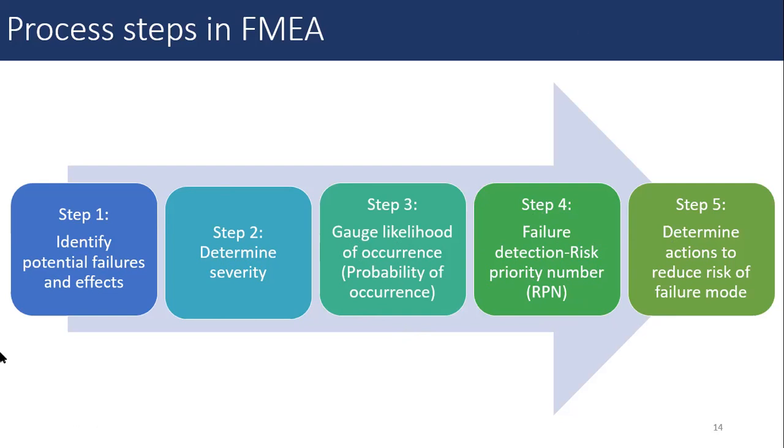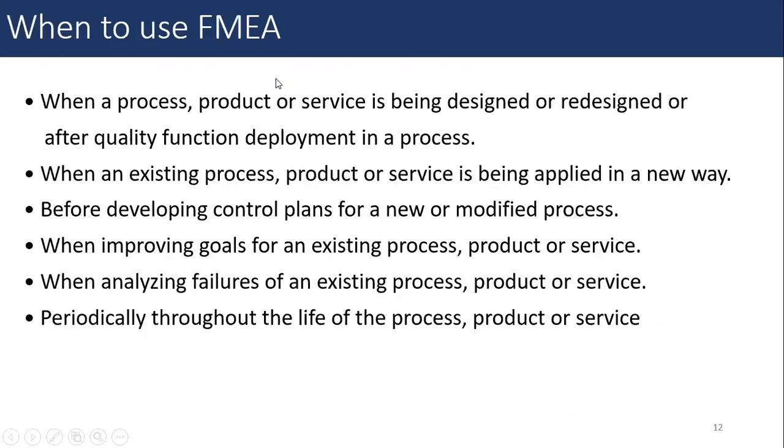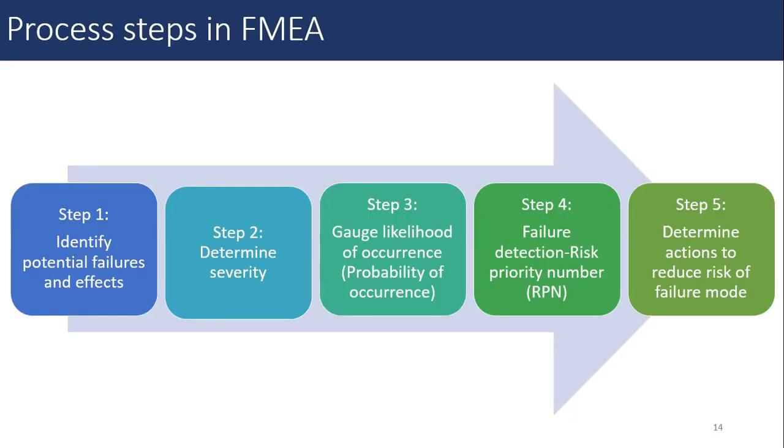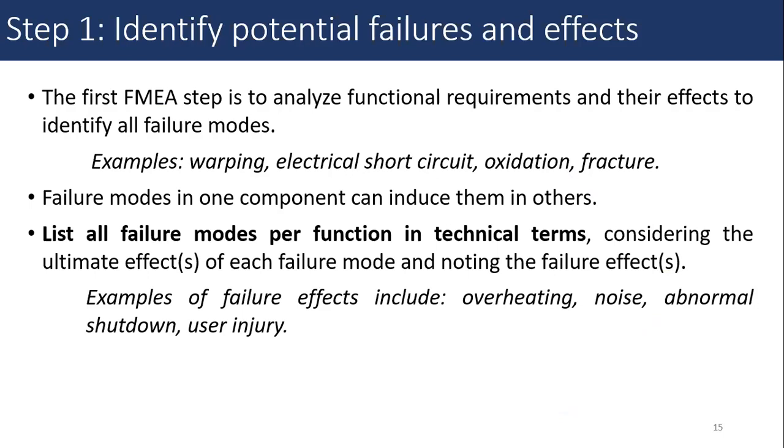This is the process of conducting failure modes and effects analysis, right? There are 5 steps. I think it's clear now. Step by step we will discuss, starting with identifying the potential failures. There are some failures, so list all failure modes per function in technical terms.